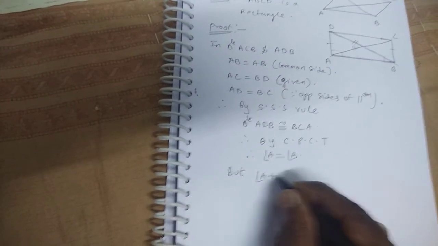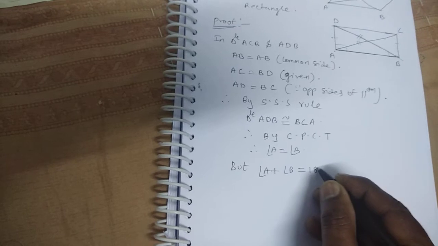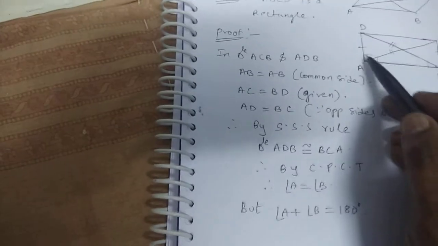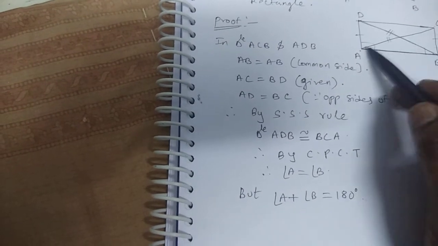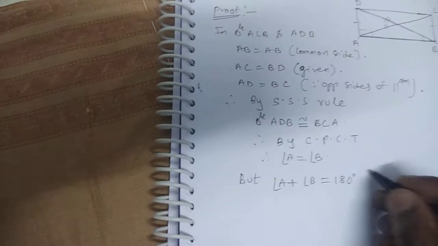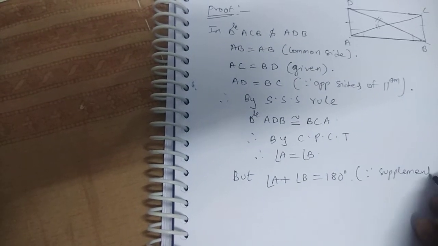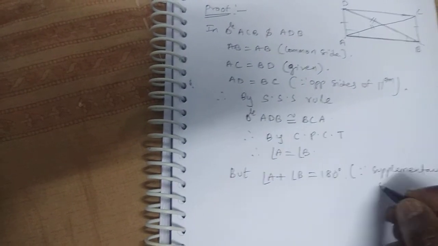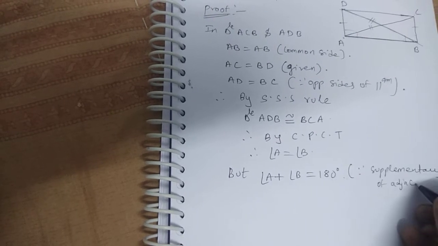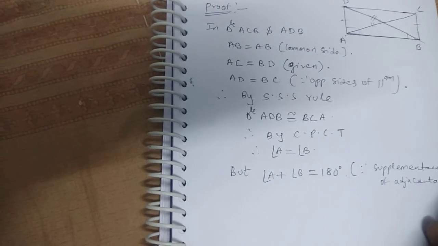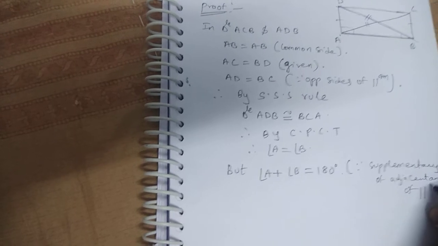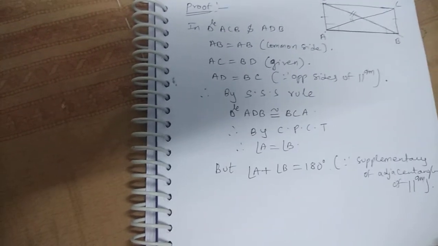angle A plus angle B is equal to 180 degrees. Why is angle A plus angle B equal to 180 degrees if you add them? Because they are supplementary, adjacent angles of a parallelogram.